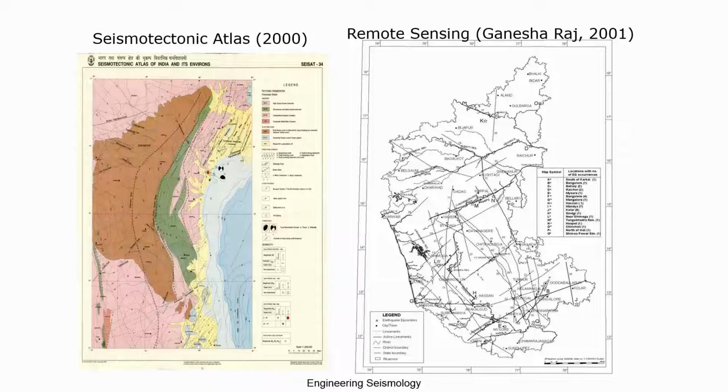This is such a study carried out for Karnataka, where the authors used remote sensing images. He is Dr. Ganesh Raj, an ISRO scientist. We interacted with him. We used his 2001 map in the 2004 analysis, and he also shared our publication along with us for the Bangalore microzonation work in the hazard analysis.